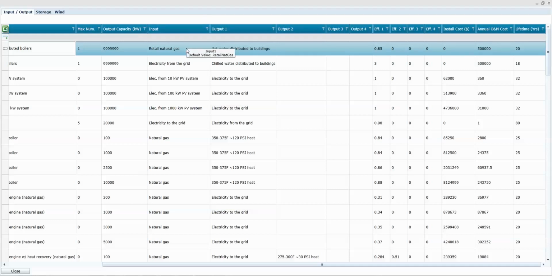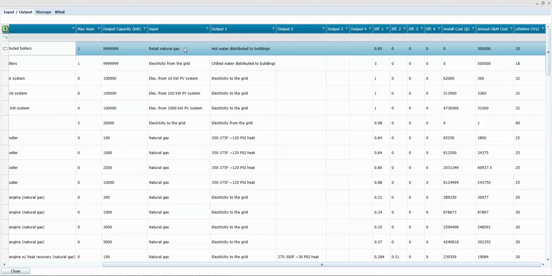And you can see that word retail is separate from other natural gas inputs, primarily because, as we found through doing a number of these studies, the natural gas cost for natural gas delivered to individual buildings is commonly much higher than natural gas costs delivered directly to a central plant. Many times there's a whole different rate because they're using a large pipe to deliver a lot of natural gas.